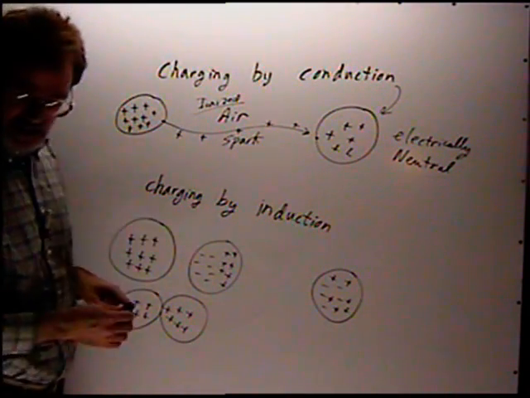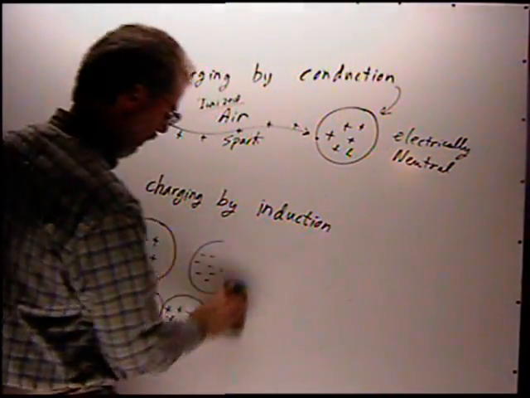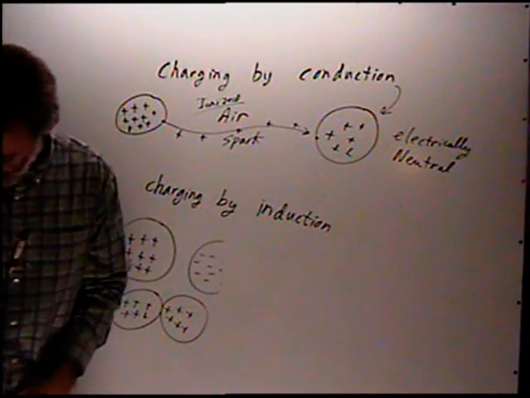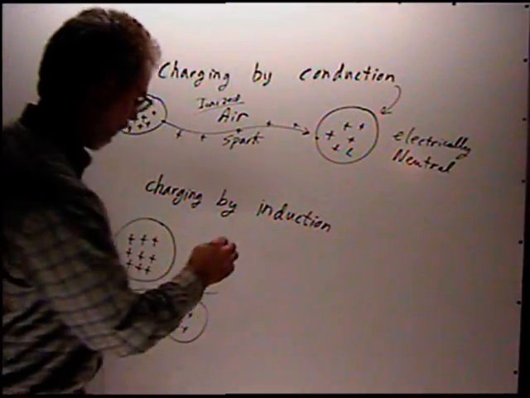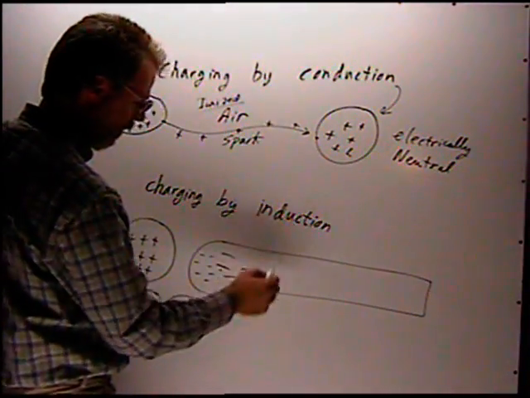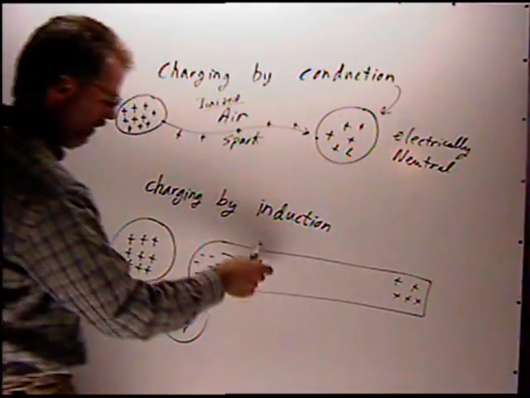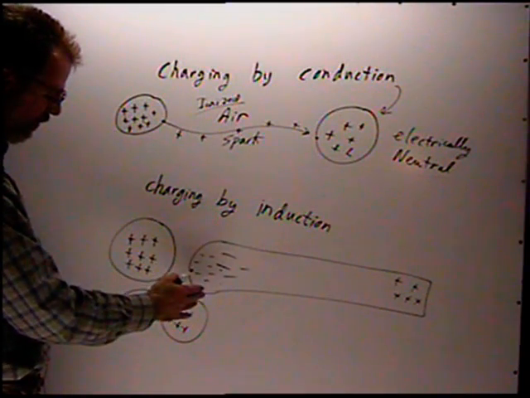Now, suppose this were a really long object, like that, the negative charges will all come here, and the positive charges will be on the other side. So right in the general vicinity, you would generate a lot of negative charges.